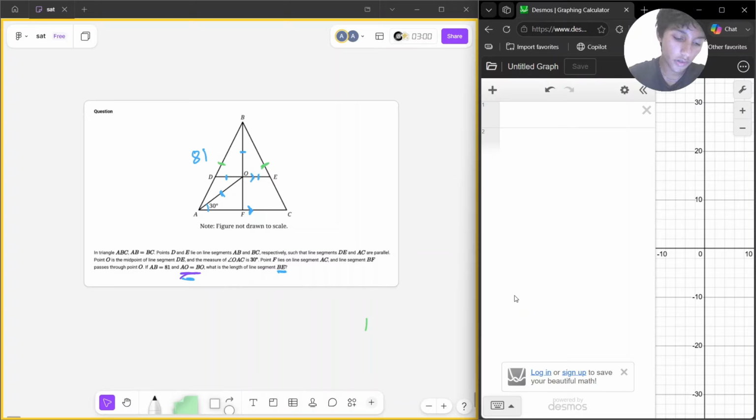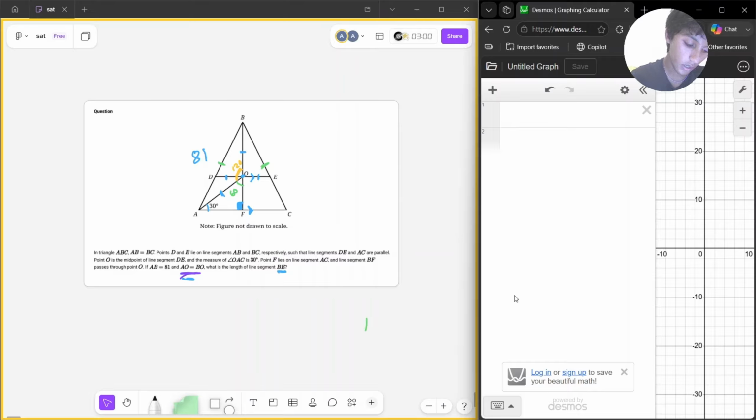The first thing we have to do is recognize the angles. If O is the midpoint of DE, that means this angle has to be equal to 90. So if this is 90, this angle right here now has to be 60. And if that angle is 60, this whole angle has to add up to 180, so the rest of this angle would be 120.